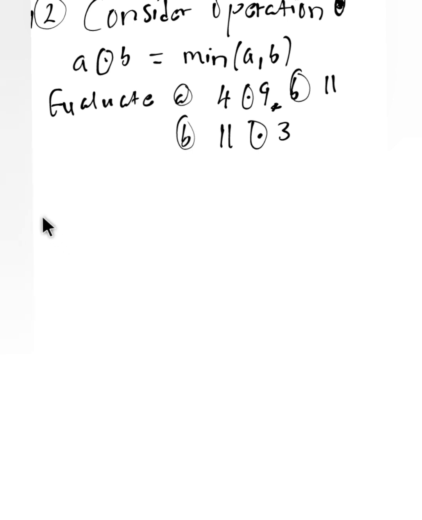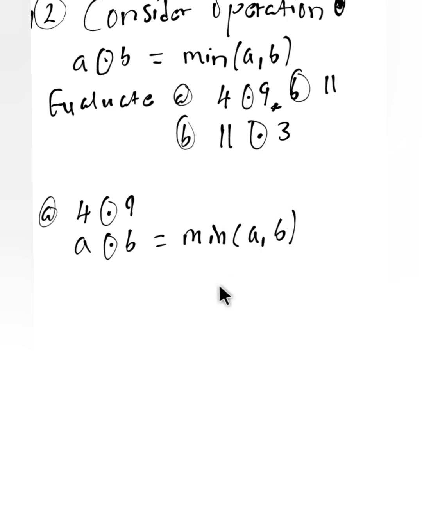So let's get into it. The first one is 4 operation 9. Now remember that A operation B is equal to the minimum of A and B. So 4 operation 9 becomes the minimum of 4 and 9. And when we deal with minimum, it means the smaller value. So between 4 and 9, which of these values is smaller than the other one?